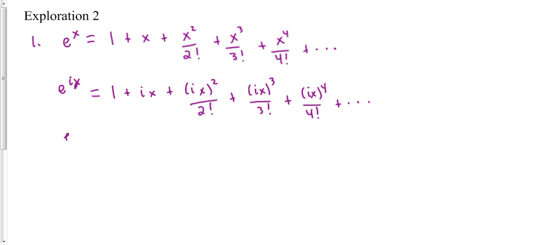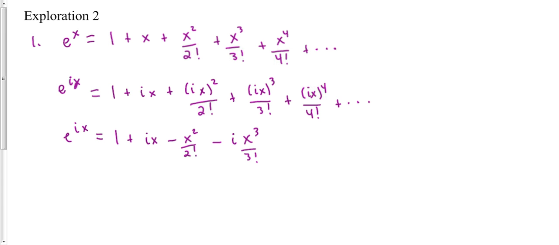And then we want to evaluate these i squareds and i cubeds and i to the 4ths, and that's why in the reading just above exploration 2, you were supposed to remind yourselves what the powers of i were. So we're going to have 1 plus ix. i squared is going to give us a negative sign, so we're going to have negative x squared over 2 factorial. i cubed is going to give us a negative i times x cubed over 3 factorial.